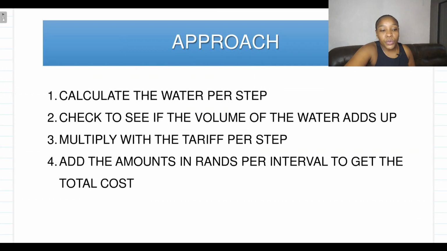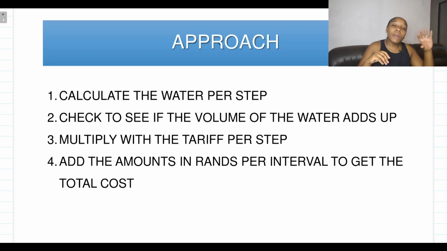We also went through the approach that you need to always have at the back of your head when you're tackling your water tariffs. You need to calculate the water per step. You need to take into consideration the volume that is given to you in the question, right? If they tell you that it's 23 kiloliters, you need to make sure that when you're adding up the volumes in each step, you get to 23 kiloliters, right?